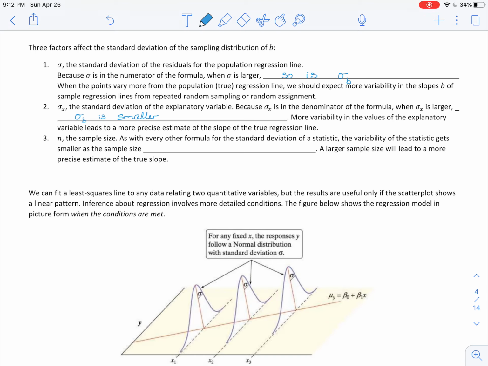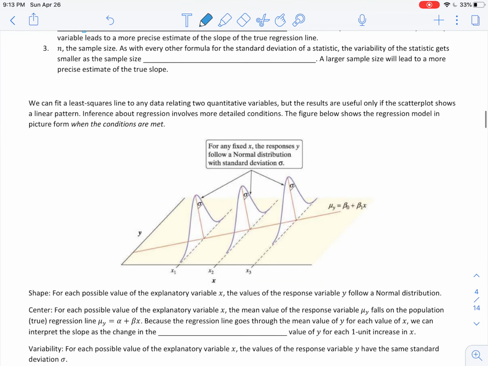We could think of that as if there's a lot of variability in your x values, you're going to end up having a more precise estimate for the slope of the true regression line. It's kind of like not really increasing sample size, but increasing the type of numbers in your sample, which leads to a more precise evaluation of the slope because you're not looking at such a small snapshot. You're looking at a big wide area.